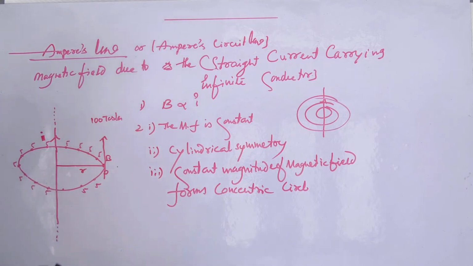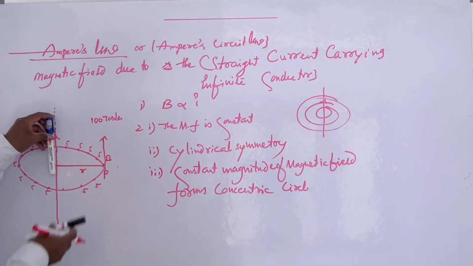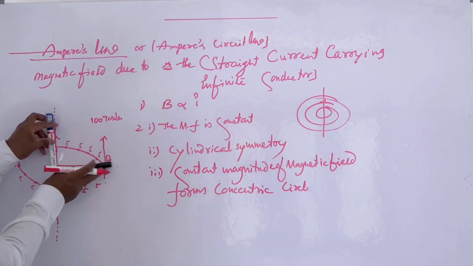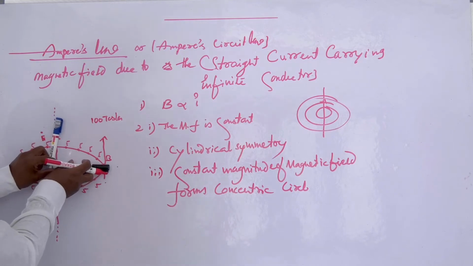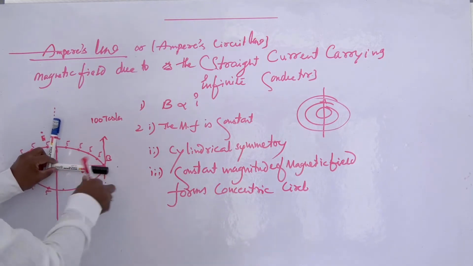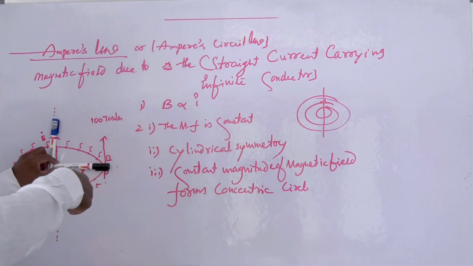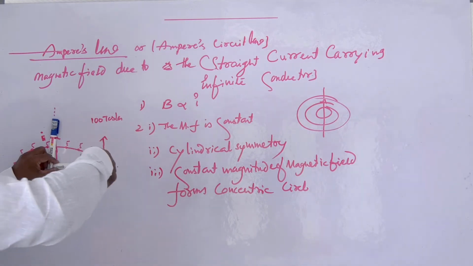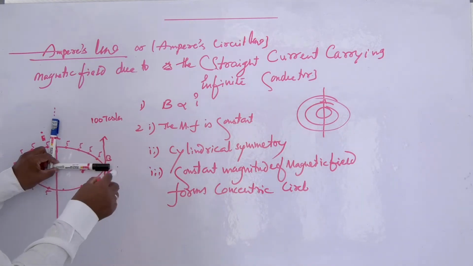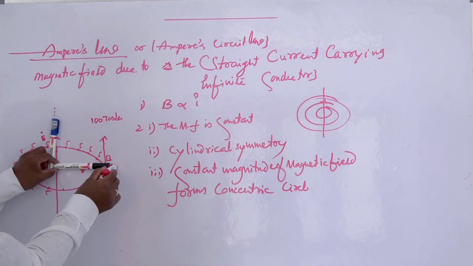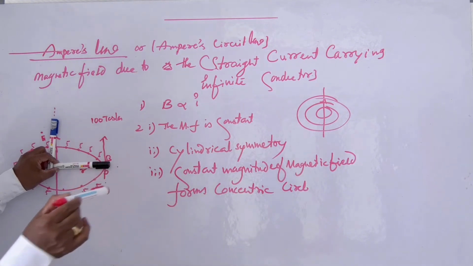If you take this as the current carrying conductor, and this as the position vector, the direction of the magnetic field is like this, towards us. The direction of the magnetic field is always perpendicular to the plane of the board.